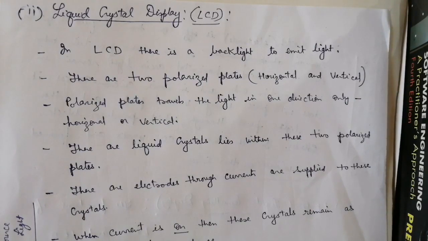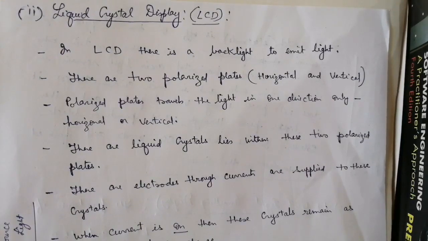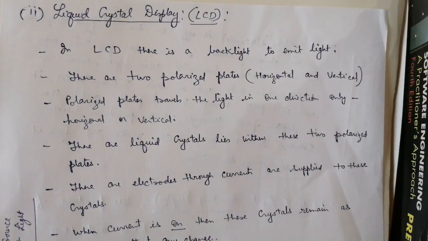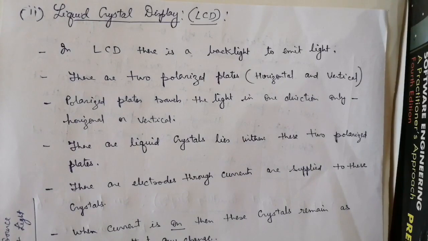So, in our previous lesson, we concluded about the CRT, cathode ray tube, which is one of the types of monitor. All the monitor functions are based on the cathode ray tube.